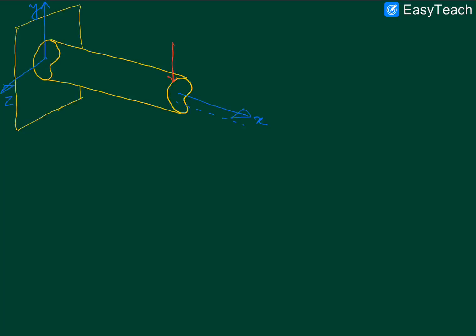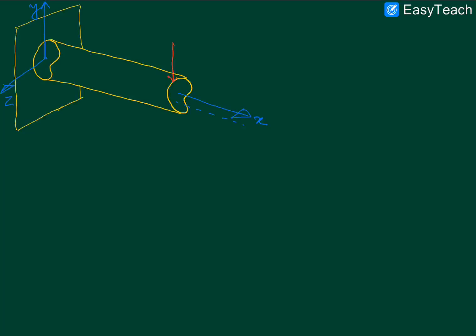So how do we reconcile this apparent contradiction? What we are missing in this discussion is that when we are considering the possibility of twisting, we should not be considering this force in isolation.